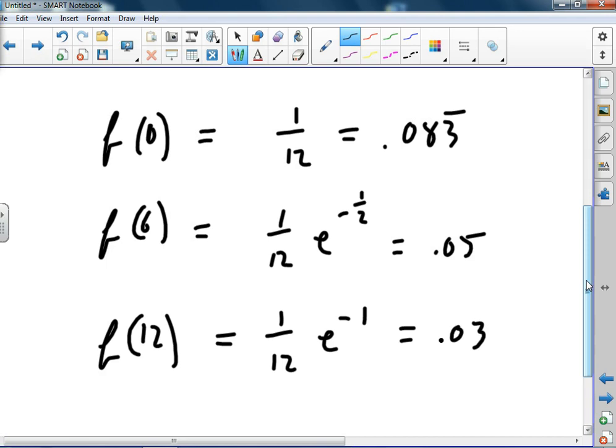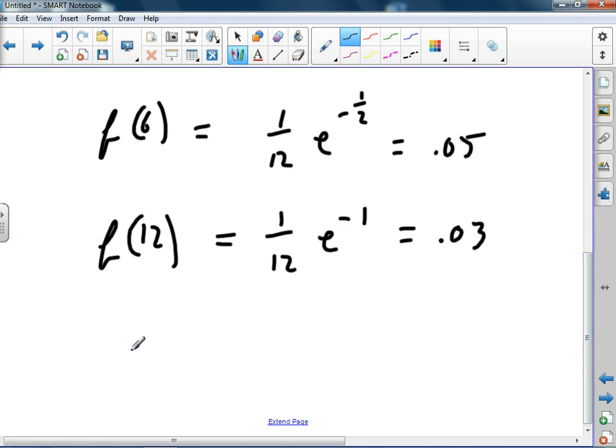And do we have enough data points yet? We'll use f of 24. 1 over 12 e to the minus 2, that's 0.01.